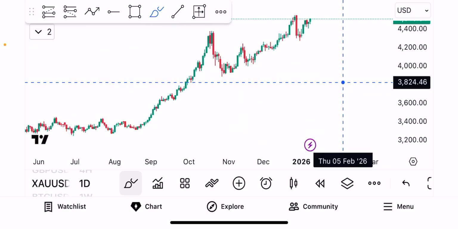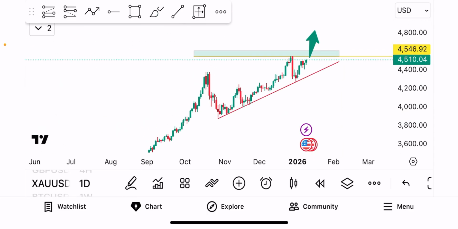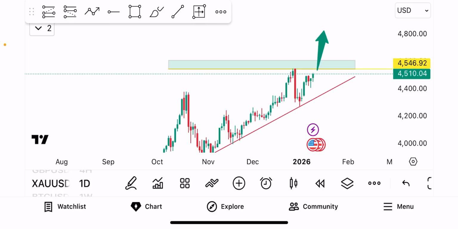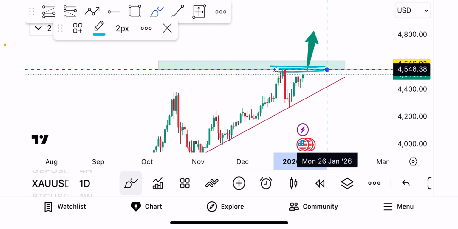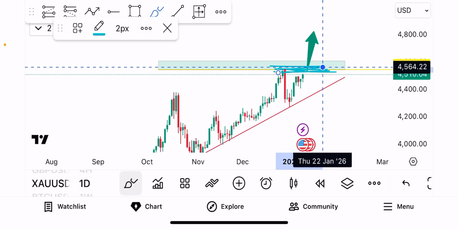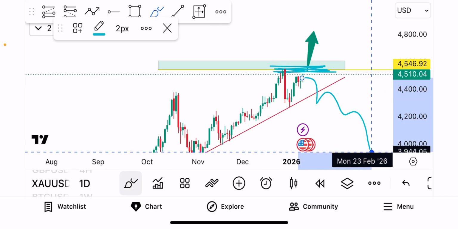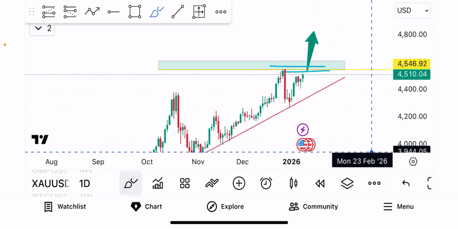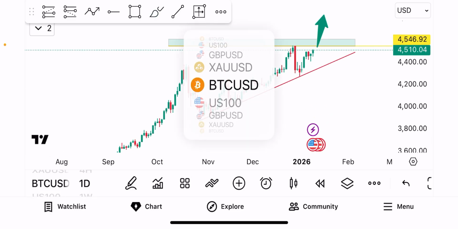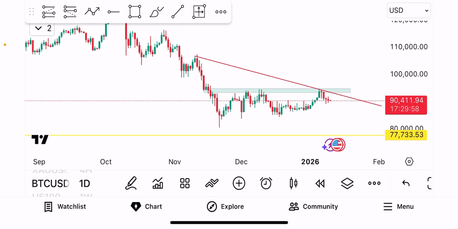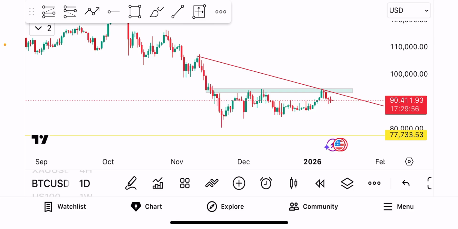We take a look at gold, and we see that gold is yet to make a new high. So we are also stuck here, because if price doesn't break above here, it can easily collapse back. So we've not had an opportunity in gold too, but in Bitcoin we are seeing opportunity from the daily time frame.